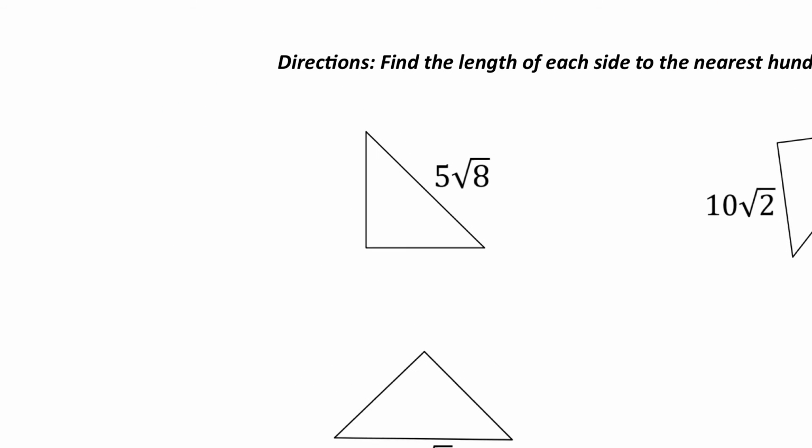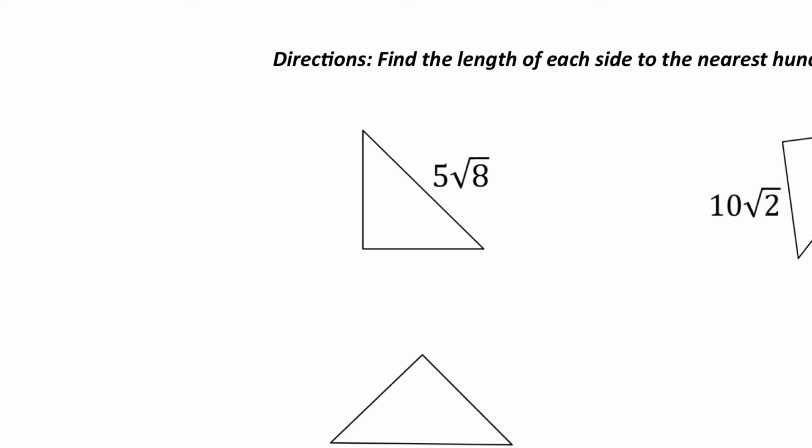So on this one right here, if I know this is 5 square roots of 8, how am I going to find this side over here? Divide by the square root of 2. So I'm going to do 5 square roots of 8 divided by the square root of 2. And what does that give you?